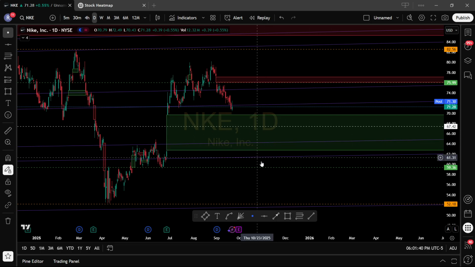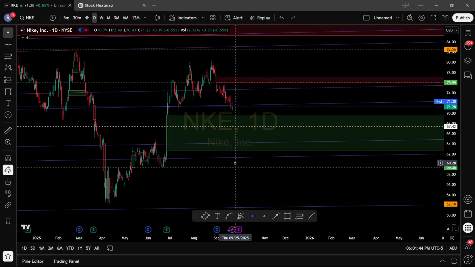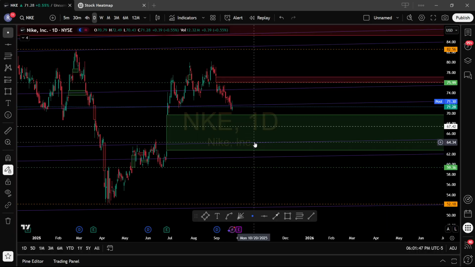What I would be watching for is buying opportunities here and then at 64. This white line right here, this 50% level, that's going to be one of my targets where I'm really going to start looking for buyers to step in.